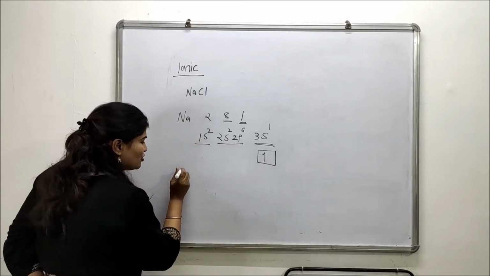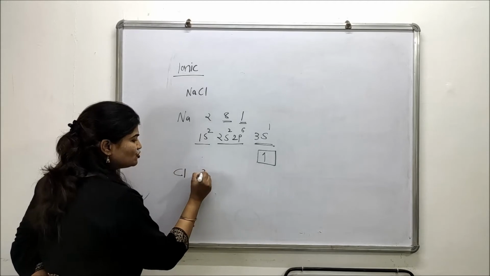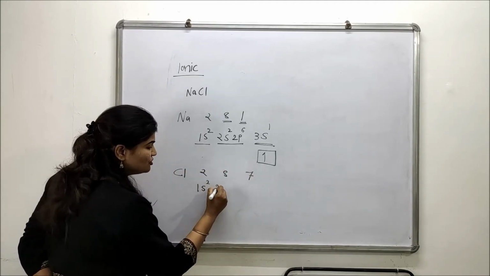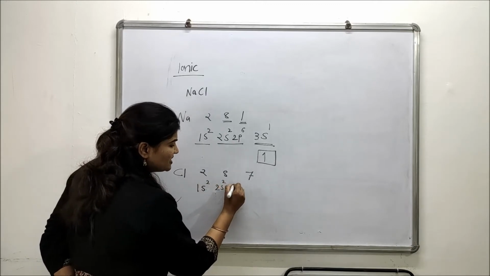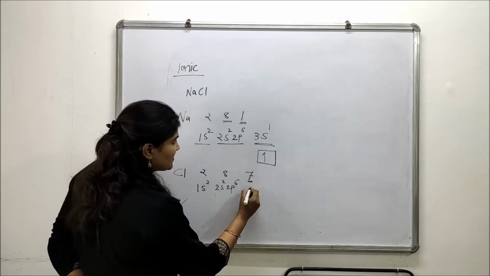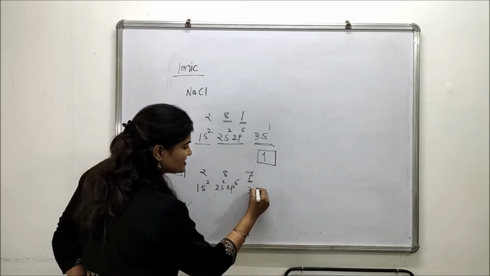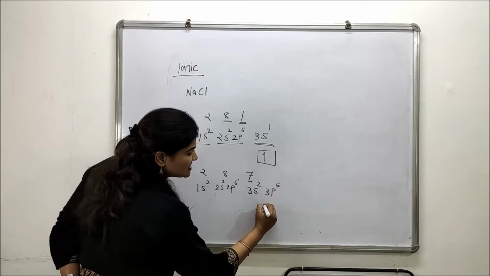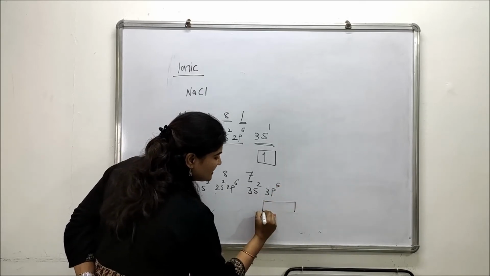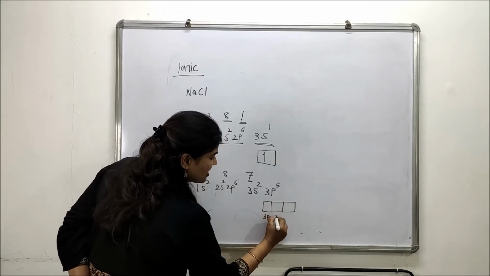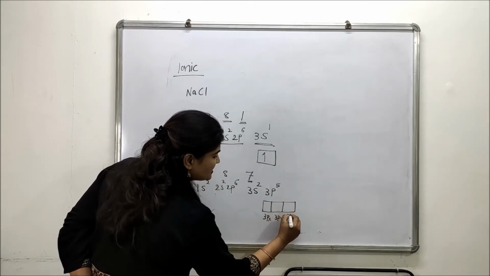And then there is chlorine. We know chlorine is 2, 8, 7. So what can be the configuration? 1s2, 2s2, 2p6, and for the 7, we have 3s2, 3p5. Now this 3p5 can be split as 3px, 3py, and 3pz.